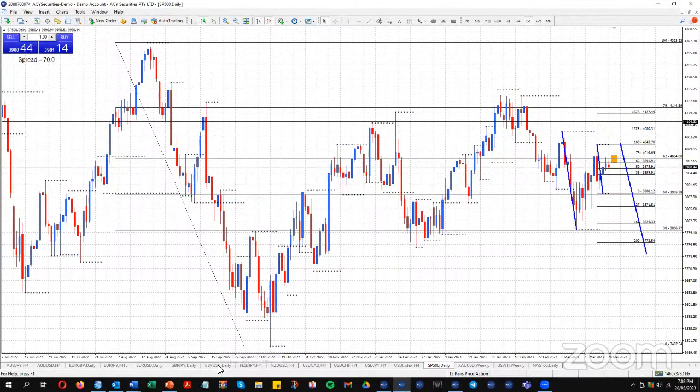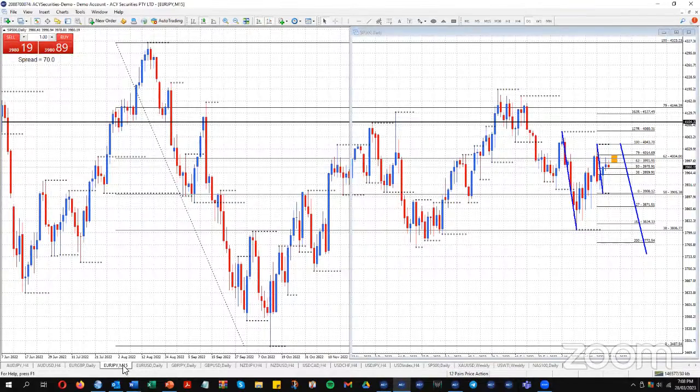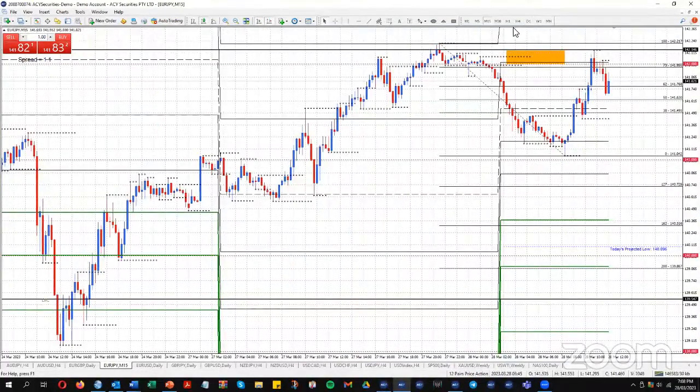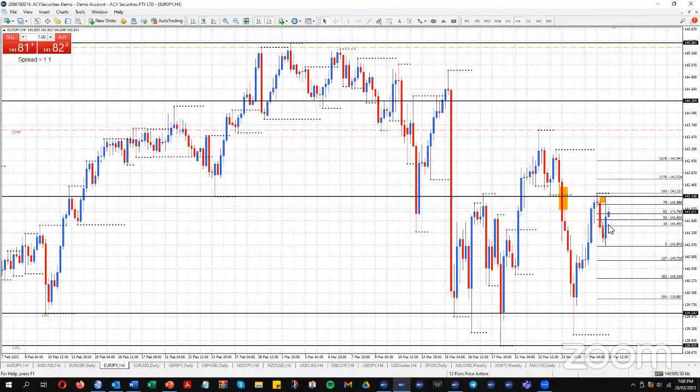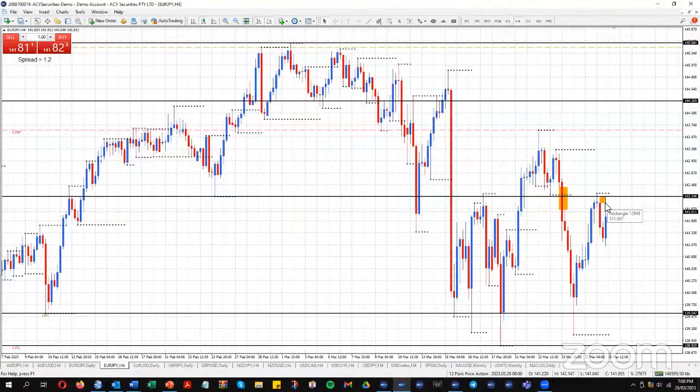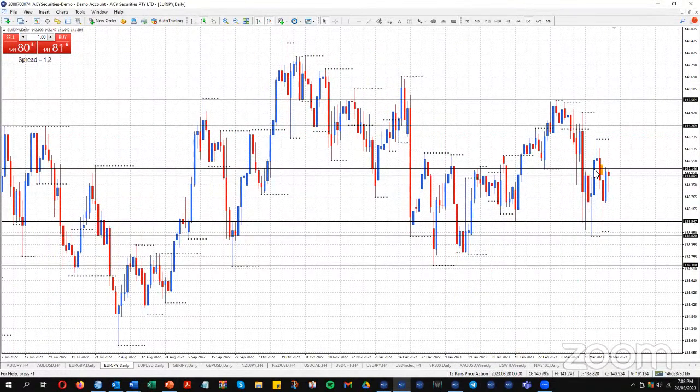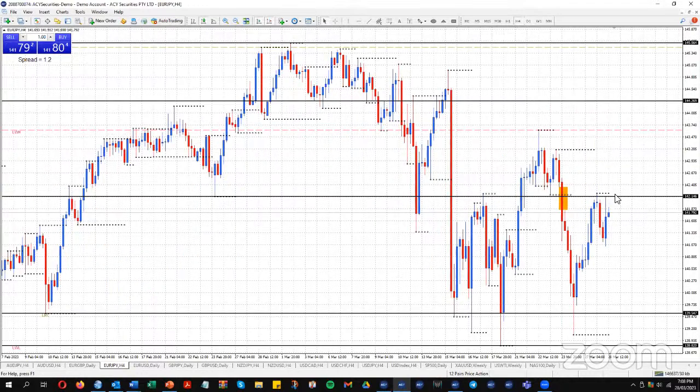Let's have a first close look at the pairs that I put out today on Telegram. So earlier in the day, I didn't know this was going to happen, but when you watch the market for years, then you get a good sense of how the market ebbs and flows. So this daily chart area of resistance here, we came back up to it yesterday, held, sold off on the 4-hour chart.